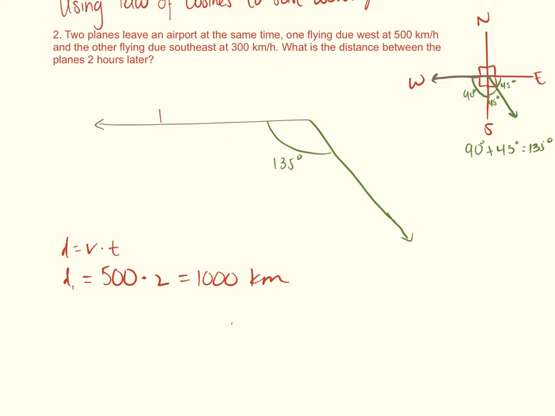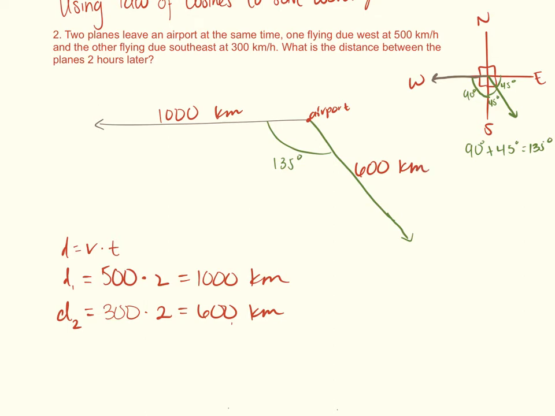So this brown line is 1,000 kilometers long. Distance 2 from the airport, because the airport's the center portion right there, in case you're wondering, is going to be 300 kilometers times 2, since it's going 300 kilometers per hour. So this is going to be 600 kilometers.